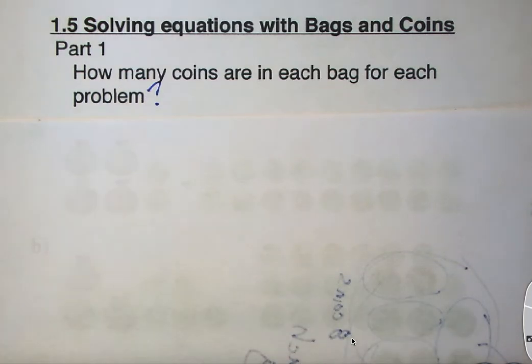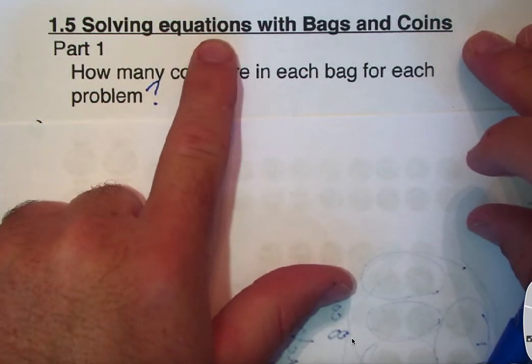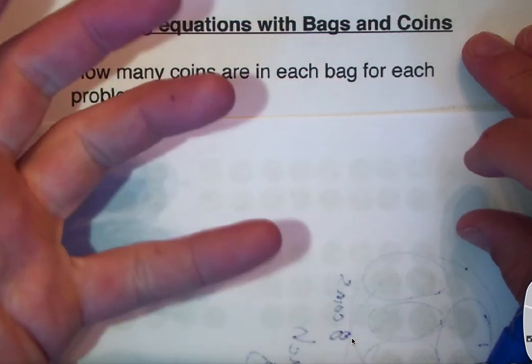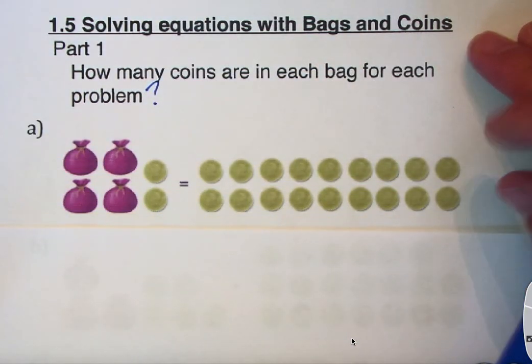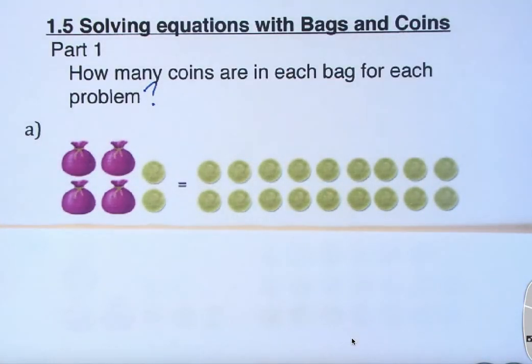All right, so we're going to think about solving equations with bags and coins. And we have an equation because we have an equal sign. We talked about that earlier. So here's the first one. Can you use the thinking we saw in the do now to figure out how many coins are in each of these bags?